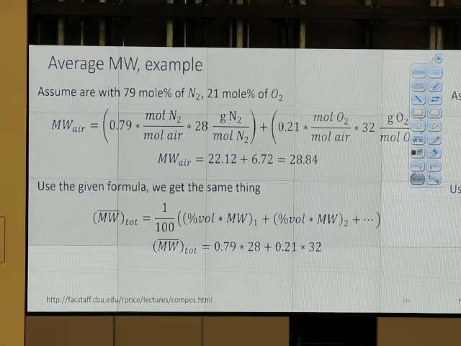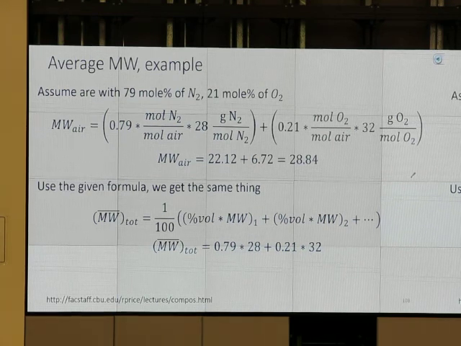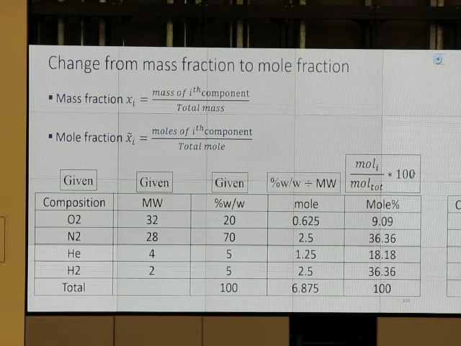Next, this slide, review by yourself. How do we calculate the average molecular weight of air? I know the mole fraction of each, then I get it. We need to know how to convert between mass fraction, or percent by mass, and percent by volume and percent by mole.